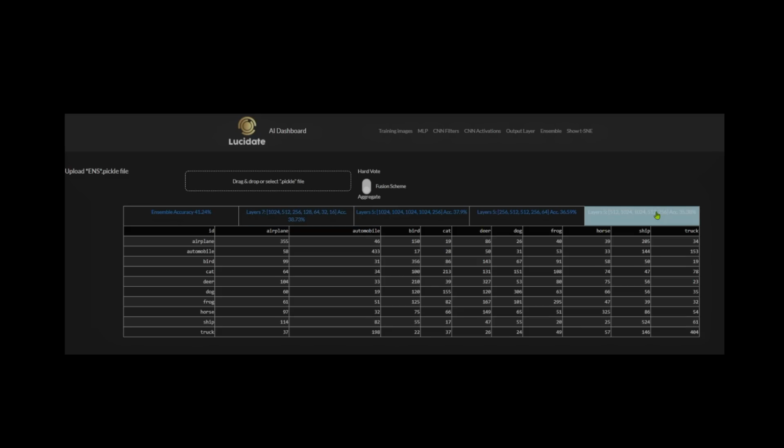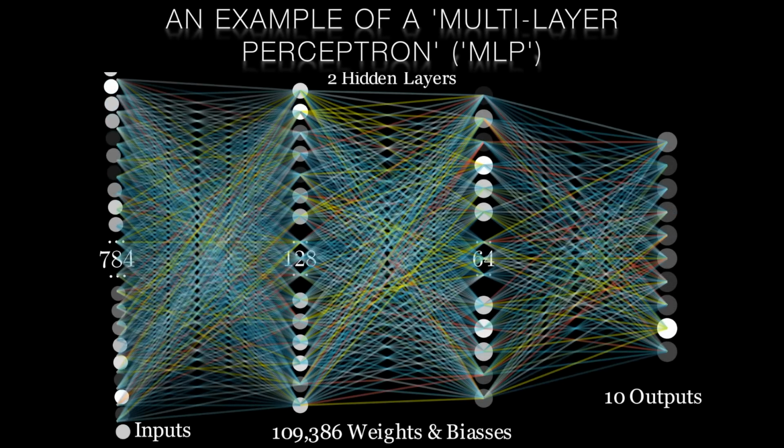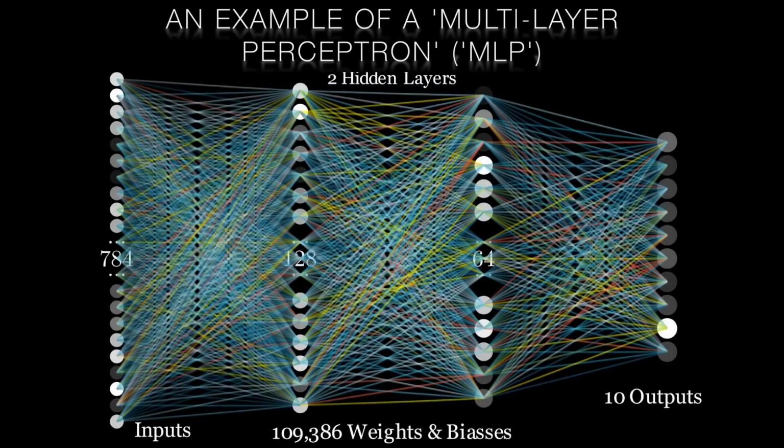So let's take a step back here and see if our intuition can point us in the direction of a better architecture. The architecture we've been using so far goes by the formal name of the multi-layer perceptron, or MLP. Here we connect every neuron from one layer to every neuron in the next layer of the network.